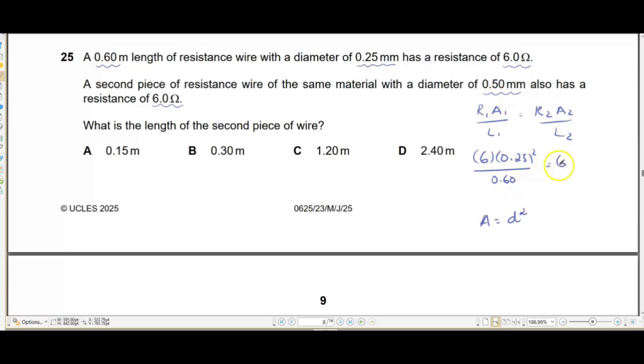The resistance of the second wire is 6 ohms as well, and the diameter is used again, so 0.50 squared, and the length of the other wire is what we have to find. After we solve all of this, we will get the length to be 2.4 meters. So D is going to be our correct option.